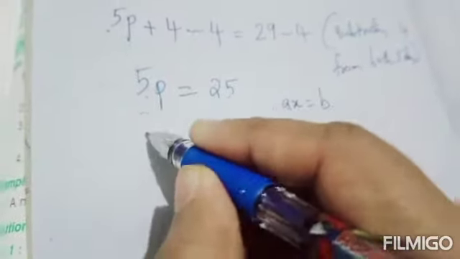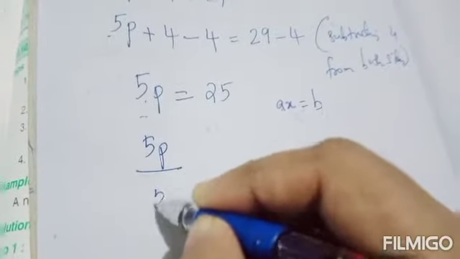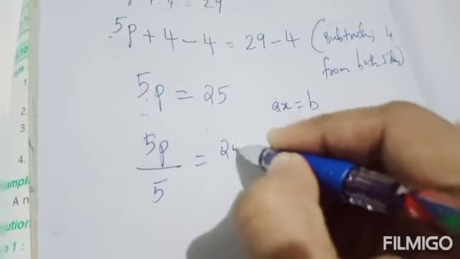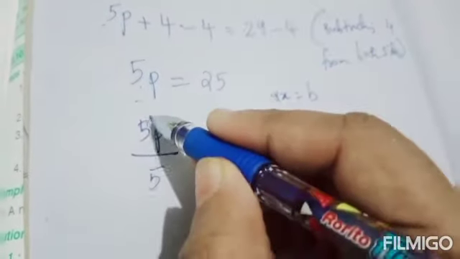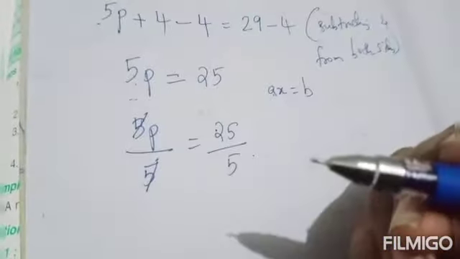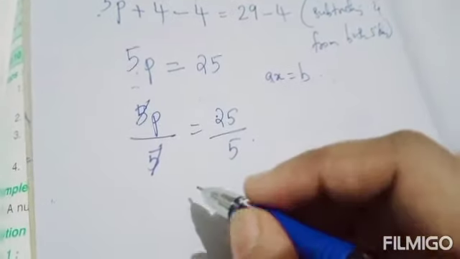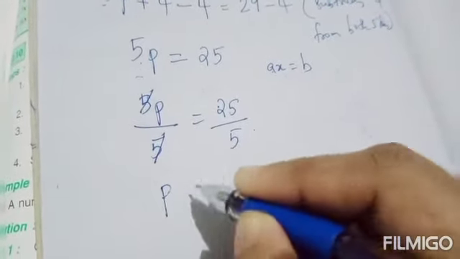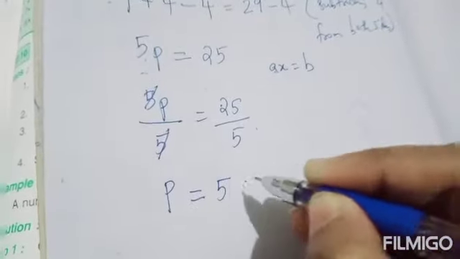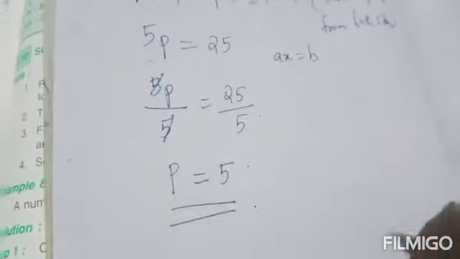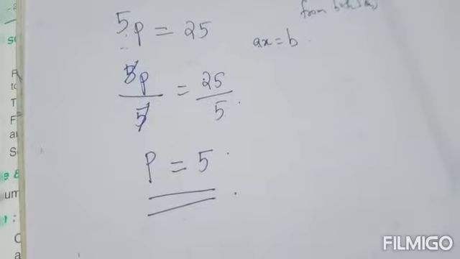So you will get 5p by 5 equal to 25 by 5. So 5 by 5, it is 1. So 1p, that means p equal to 25 by 5, it is 5. So p value you will get 5.